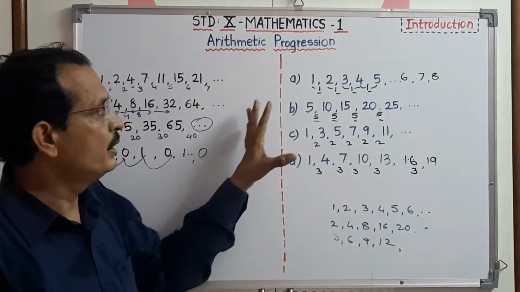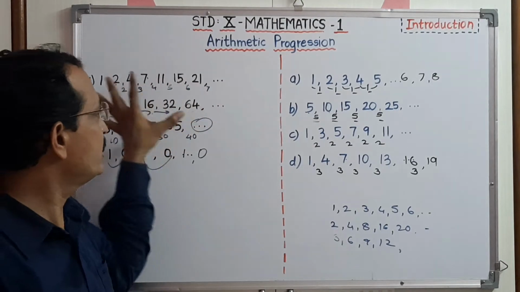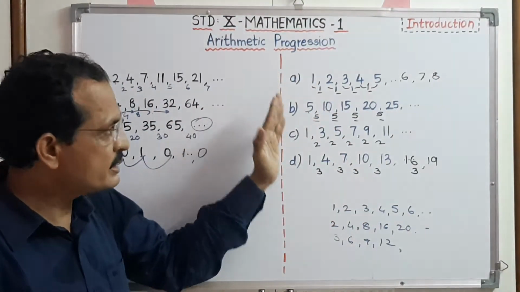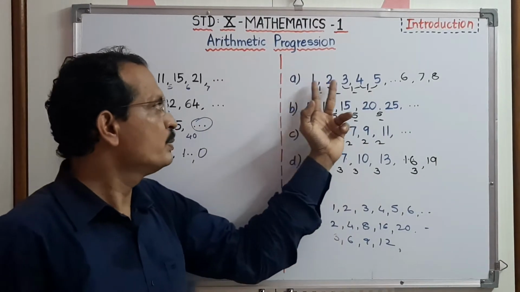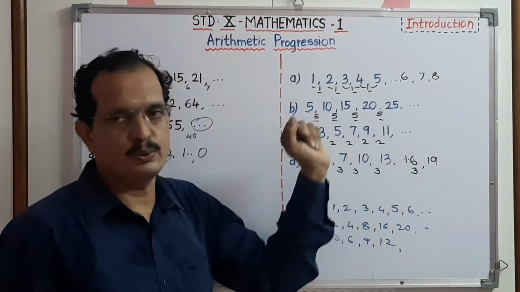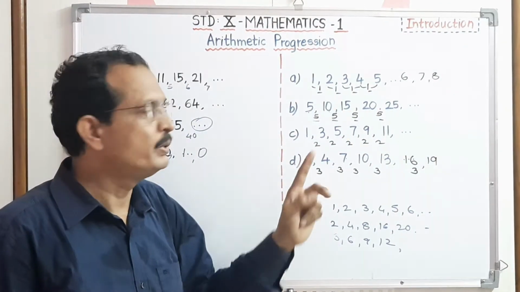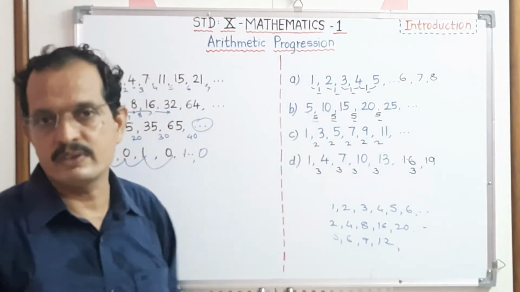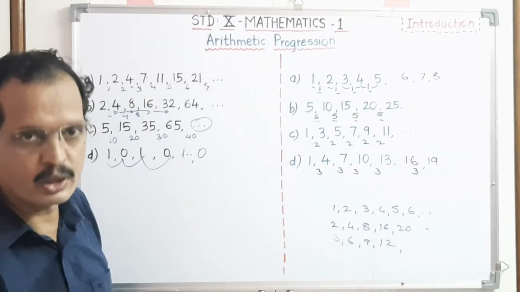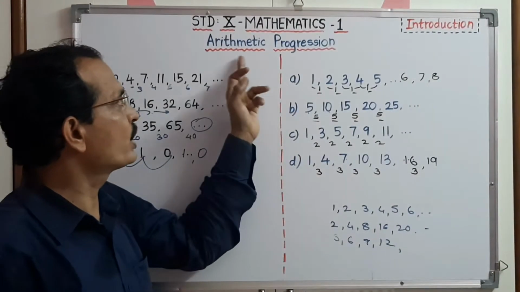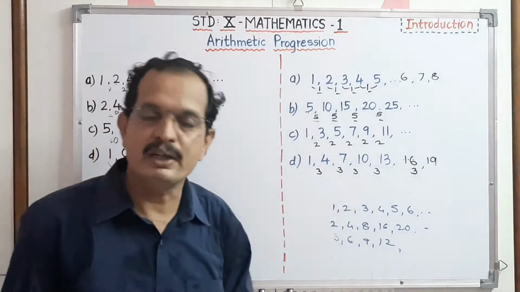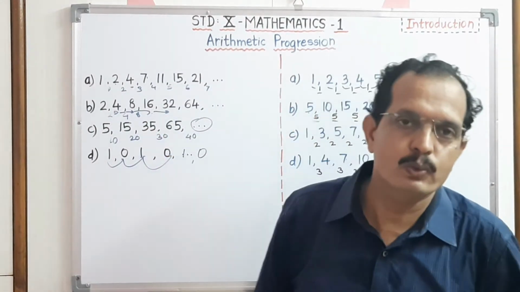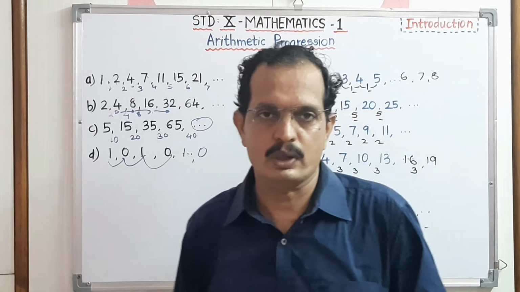But in these sequences, the difference between two consecutive terms is constant everywhere, and such a type of sequence is called a progression, and this type of progression is called an arithmetic progression. Dear students, this year you have to learn only the arithmetic progression.